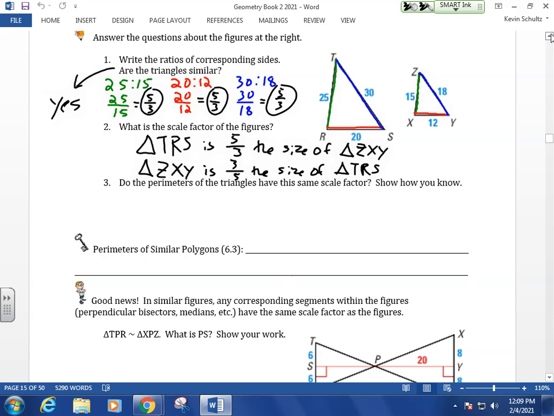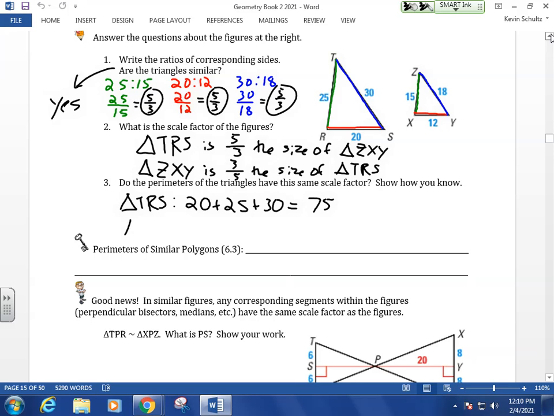Okay. Do the perimeters of the triangles have this same scale factor? Show how you know. Number 3 here. Well, in triangle TRS, we've got a perimeter of 20 plus 25 plus 30, which equals 75.